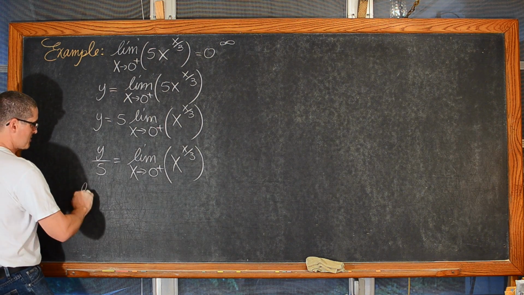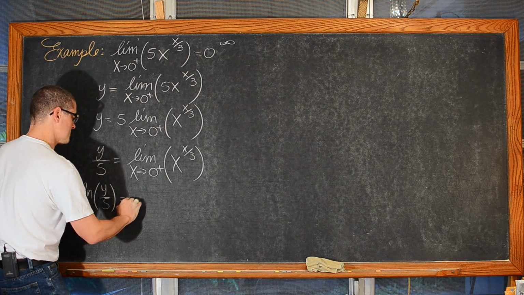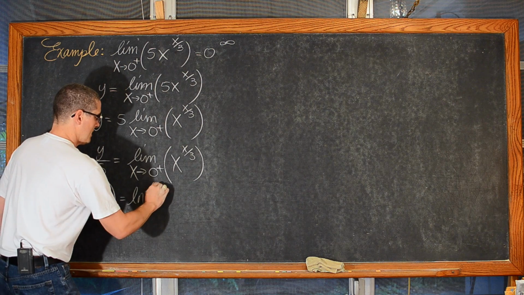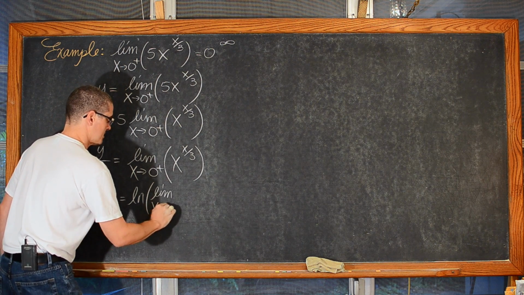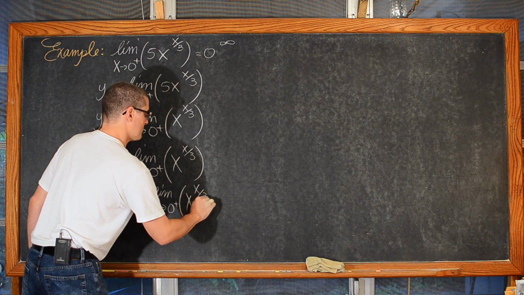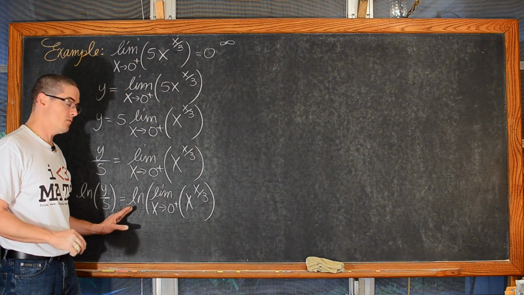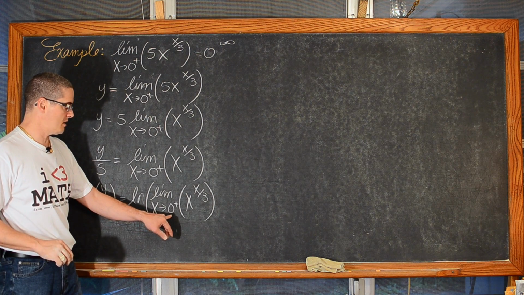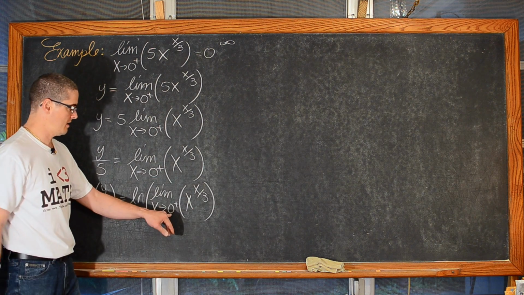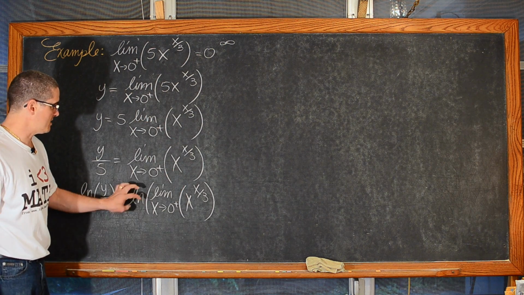Take the natural log of both sides. We have the natural log of y over 5 is equal to the natural log of the limit as x approaches 0 from the right of x to the x over 3 power. Now because the natural log function is continuous on all values where x is positive, and again we're not letting x equal 0, we're letting it approach 0 from the right, this is a continuous function.